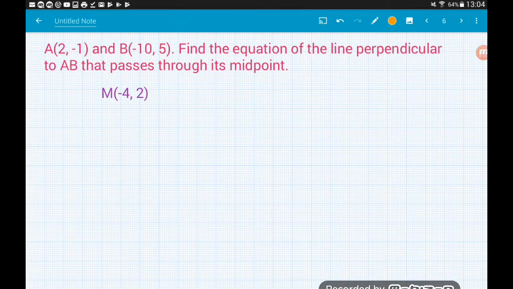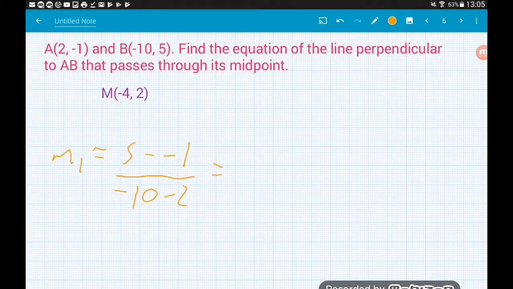Okay, so now we also need to find the gradient of the line that connects A and B. So again, we're going to call that M1 because it's the gradient of our first line. Now here we're going to do 5 - (-1), the difference in y, over -10 - 2.